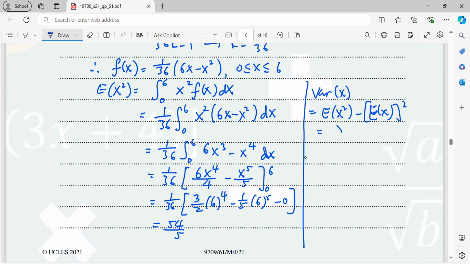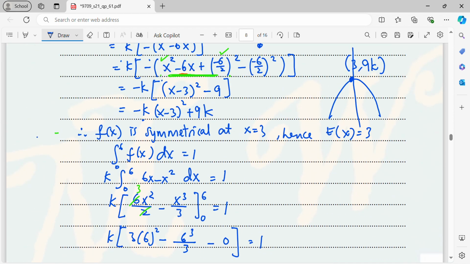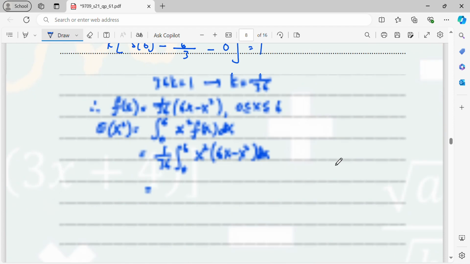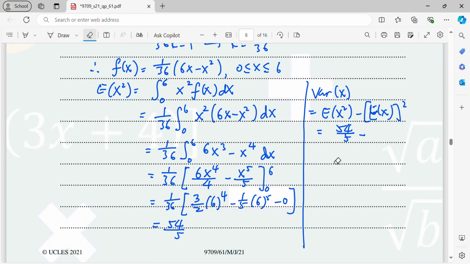E(X squared) we already found is 54 over 5, and E(X) we solved just now is 3, so it's going to be 3 squared. Then you will be getting the answer of 9 over 5. So that's all for this solution.